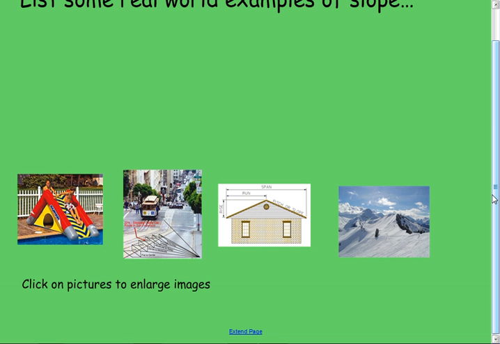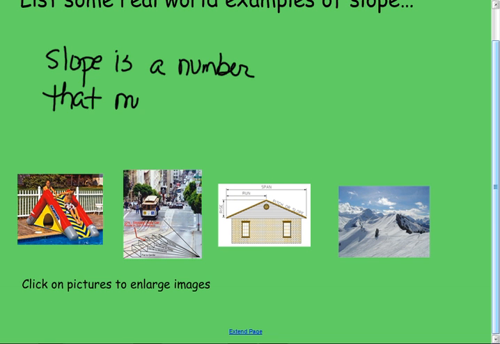And all slope is a number. It's a number that measures, I can type, it measures how steep something is.